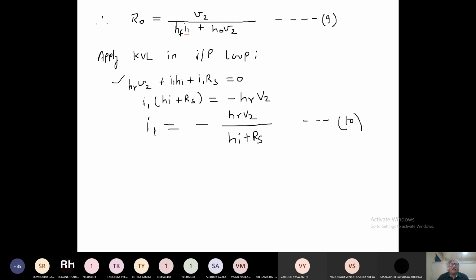So for this purpose, I will bring this equation in terms of I1, right? From the two terms I1 HI and I1 RS, I will take I1 common. So I will get I1 within bracket (HI plus RS), and this is equal to minus HR V2 on the right hand side.